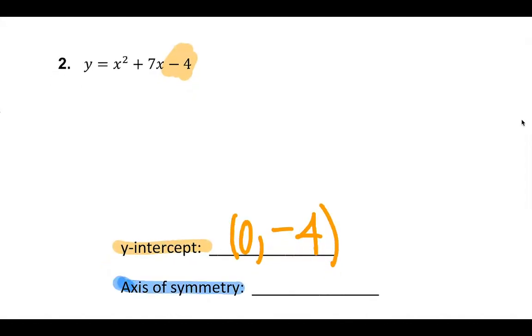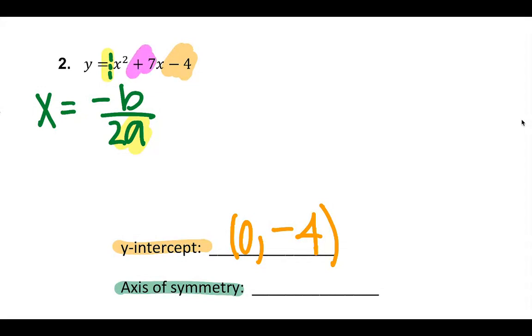Axis of symmetry, I'm going to be using the formula x equals negative b over 2a. And again, in this case, a is 1 because there's nothing there. It's an imaginary 1, right?